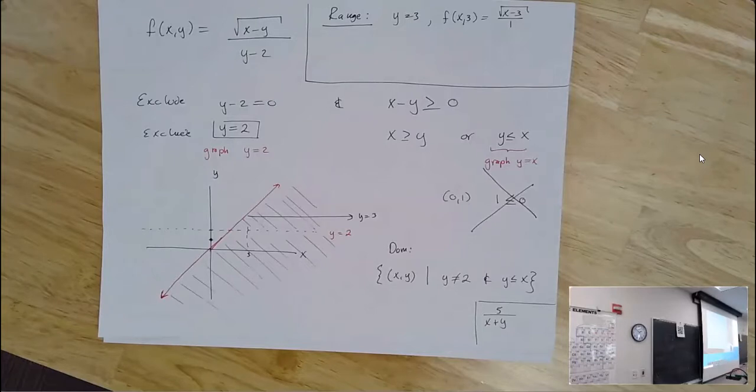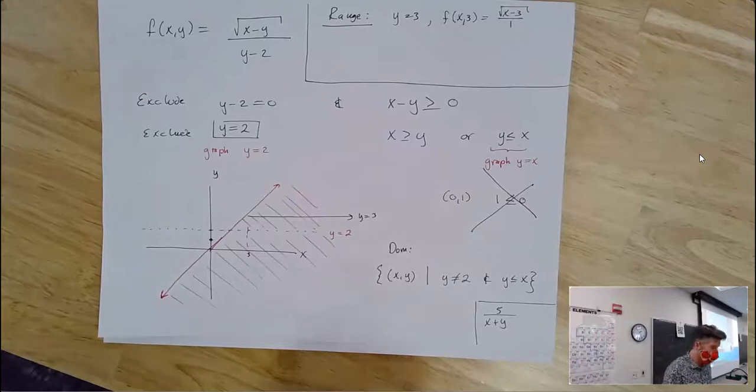If x is 6, we get the square root of 3. But everything we're getting is positive, and we can get every positive number. X can get larger and larger, so we're not going to miss anything. So if y is equal to 3, we can get every possible positive number. Actually, I should say every possible non-negative number, because we can get the function equal to 0 as well.